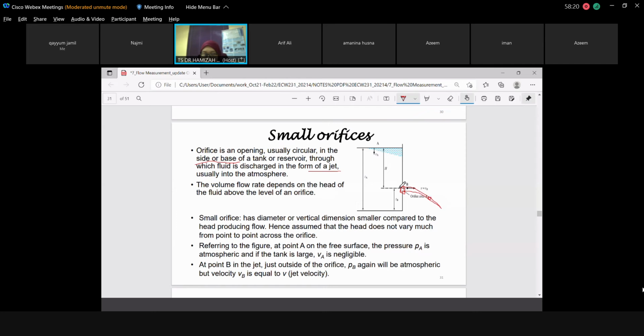Okay, smaller. So kita ada dua area lah. We have bigger area and also small area, or we can call as area of orifice and area of jet, AJ. Okay, so that's why concept dia looks like similar with the Venturi meter.